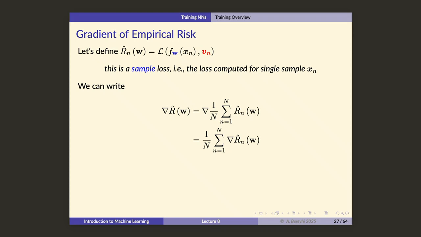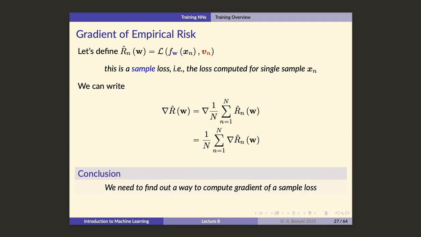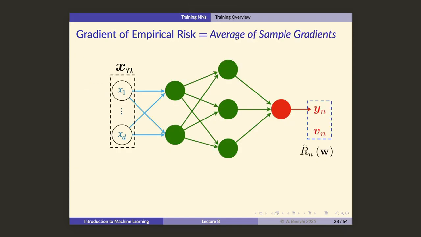Then it's going to be the gradient of the empirical risk. So, moral of the story, I do not need to attack the whole empirical risk at once. I simply need to find a way to compute the gradient of a single sample loss for one single point. If I can do that, then I can compute the gradient of the empirical risk. Everybody's cool? Okay.